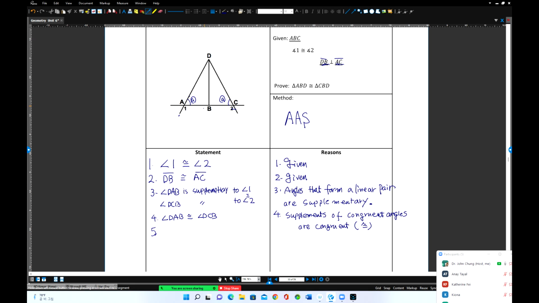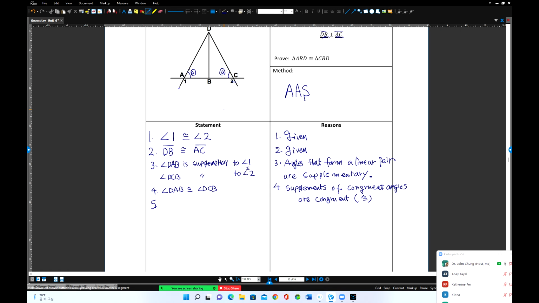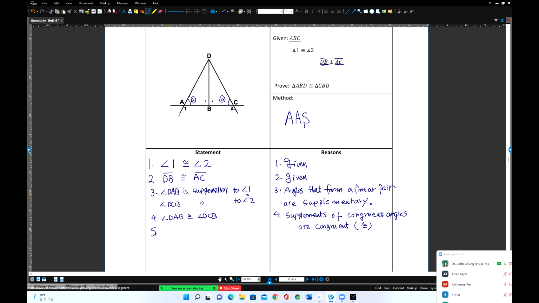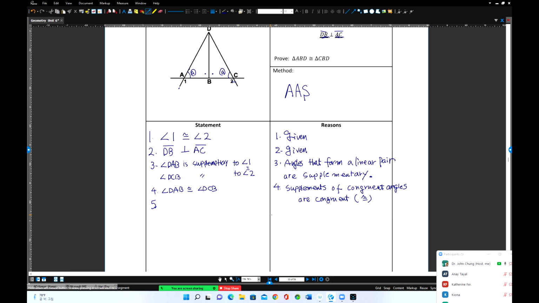Another angle is what? Right angle, because they are perpendicular. I forgot the perpendicular. DB is perpendicular to AC. From here, you can say angle DBA and angle DBC are right angles.